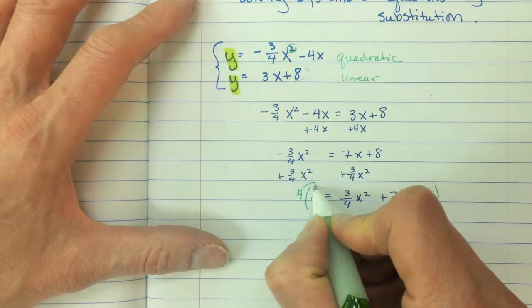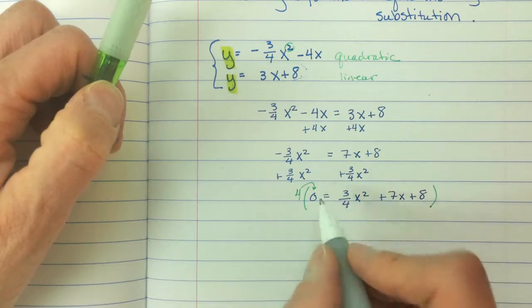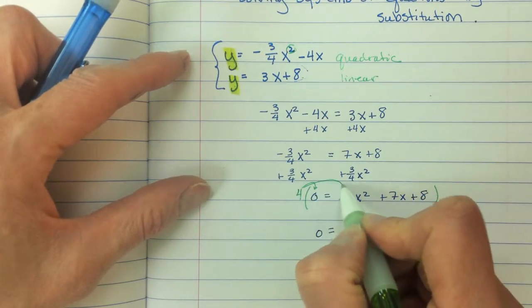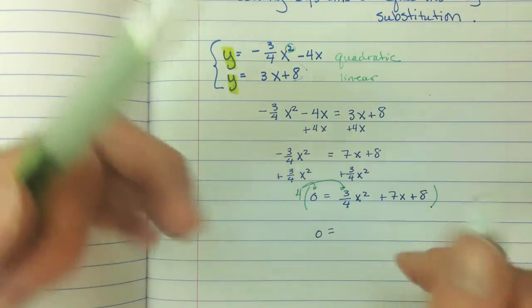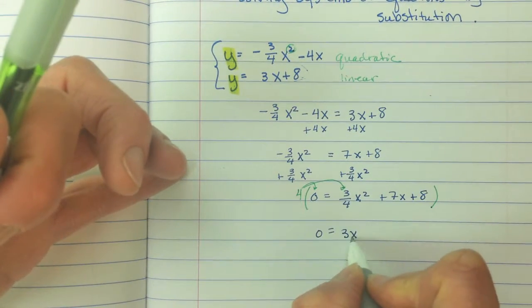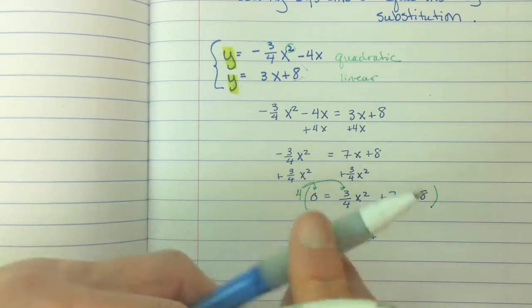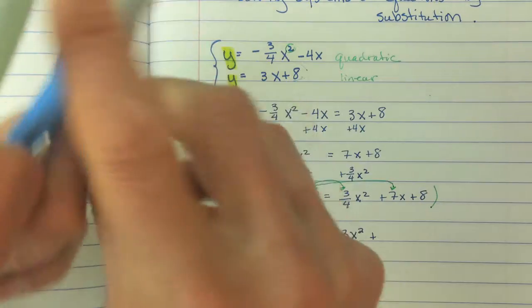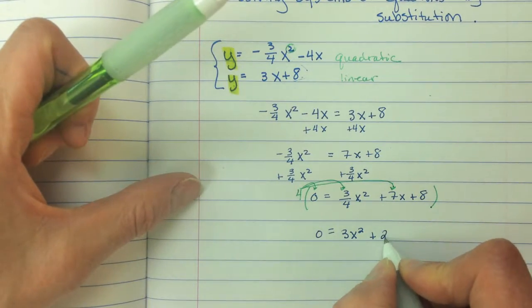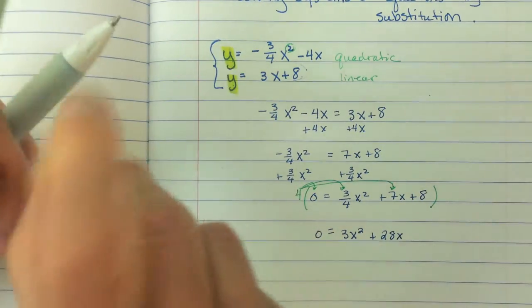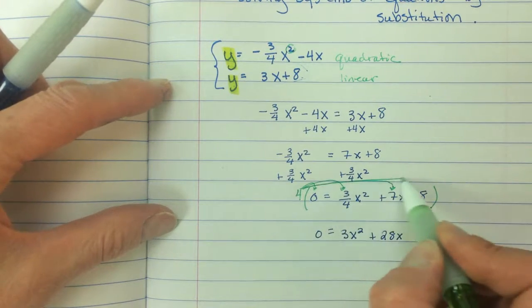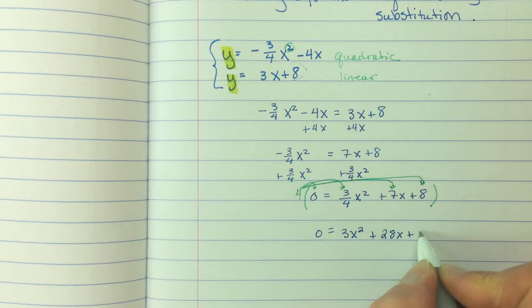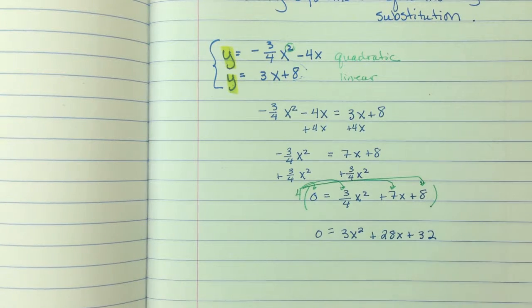So 4 times 0 is 0, and 4 times 3/4 x squared simply gives me 3x squared. And 4 times 7x gives me 28x, and then 4 times 8 gives me a positive 32.